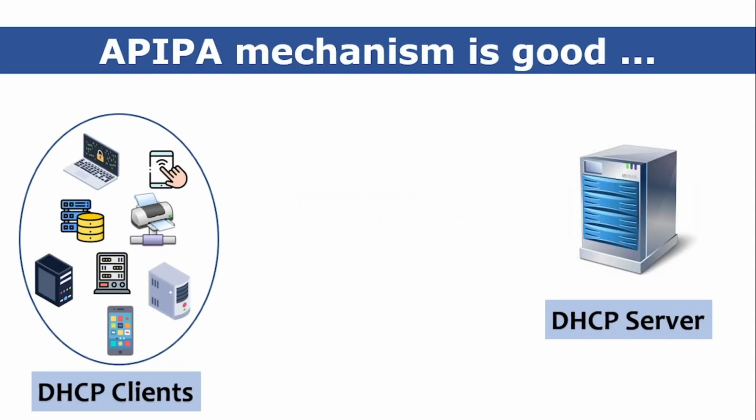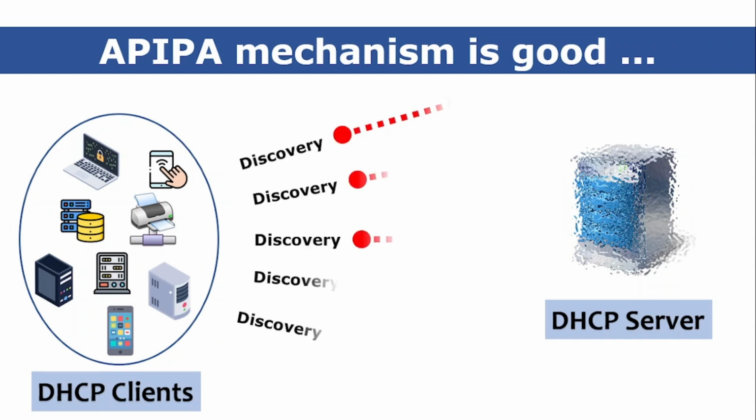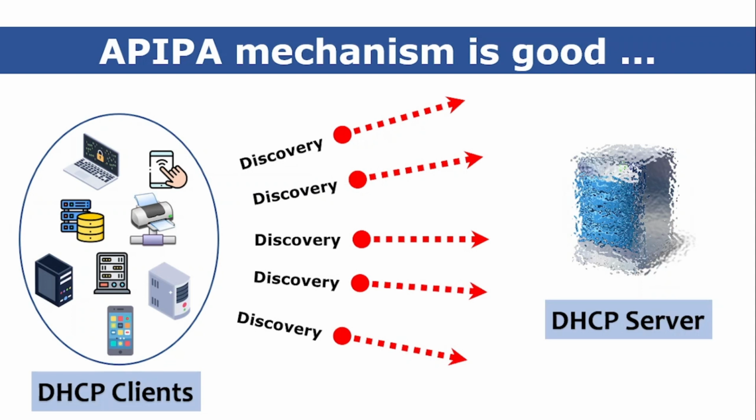So let's see it in pictorial form now. We have DHCP clients and a DHCP server. For some reason the DHCP server is unavailable; it can be a network issue, the server being down, or any other reason. The DHCP clients will start broadcasting DHCP discovery messages on the network, and these will be heard by every active device on the network.